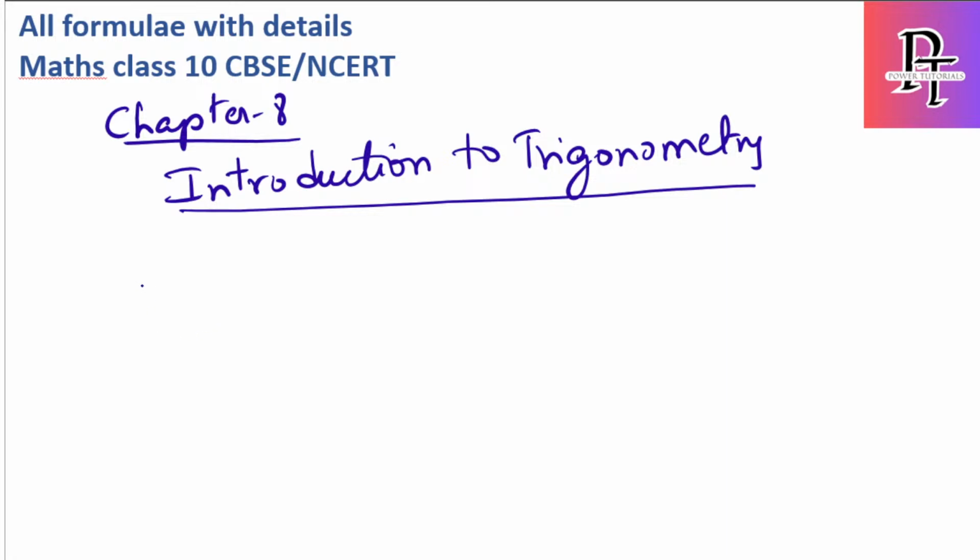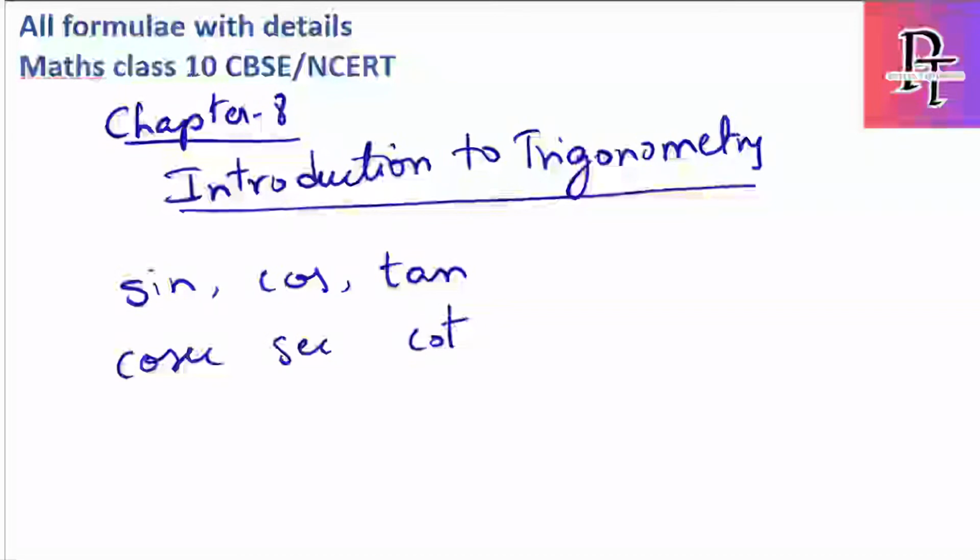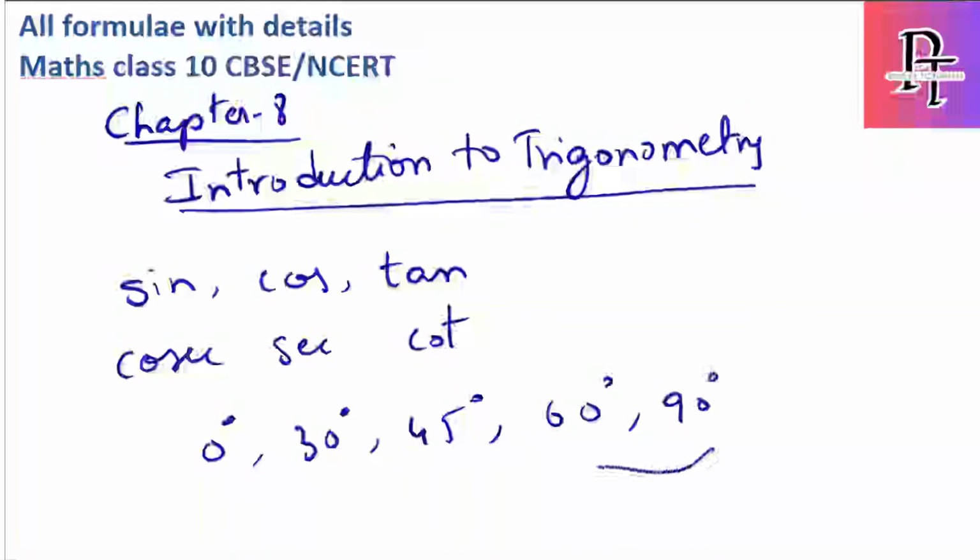The 6 trigonometric ratios are sine, cos, tan, and then cosecant, secant, and cot. For all 6 ratios we need to remember the values for 0 degrees, 30 degrees, 45 degrees, 60 degrees, and 90 degrees. For all these 5 angles we have to remember all 6 ratio values.